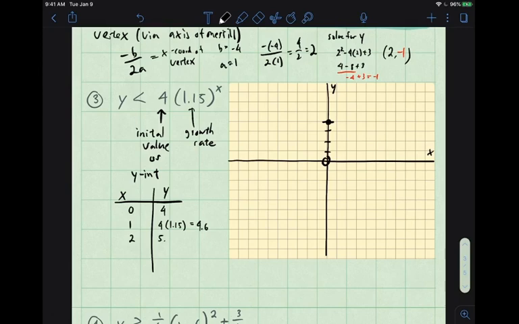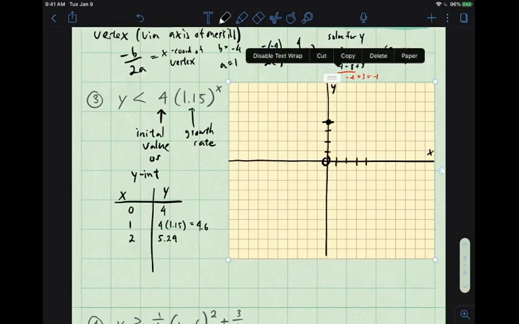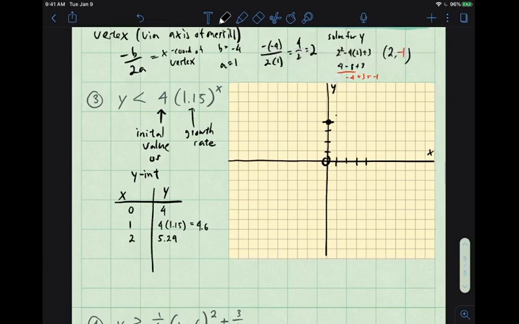This gets us 5.29. So it's rather steep. So 1, that's 4, 4.6. Let's call it right about here. 0.6, maybe right about here.